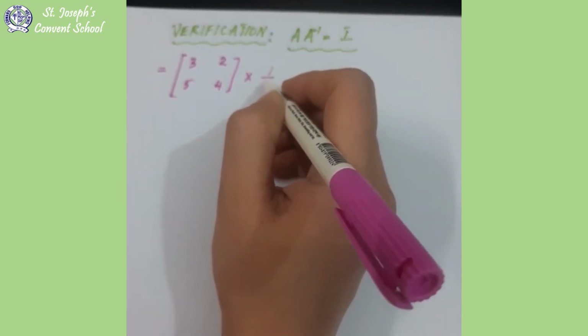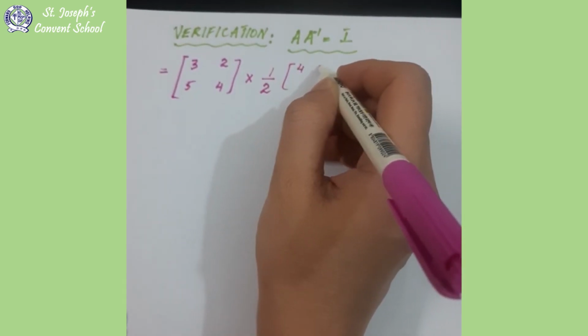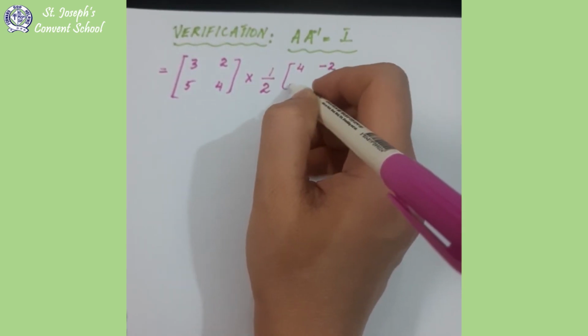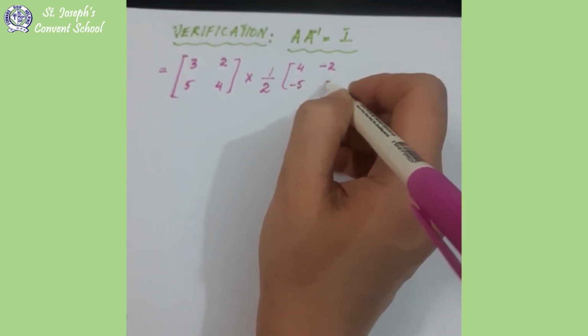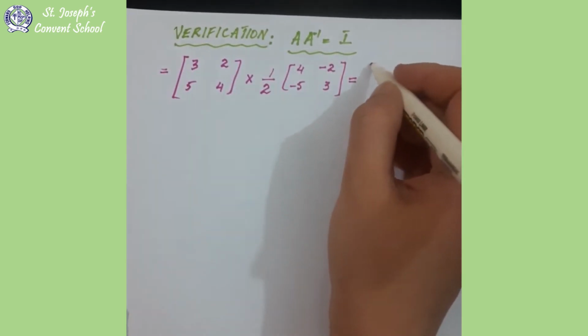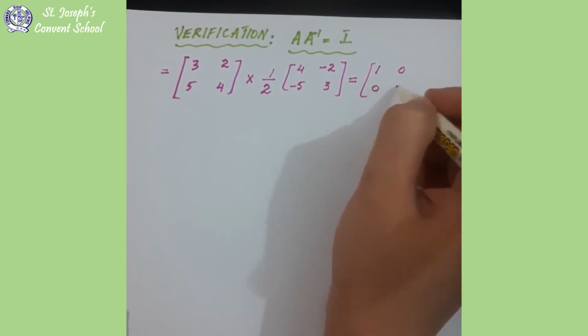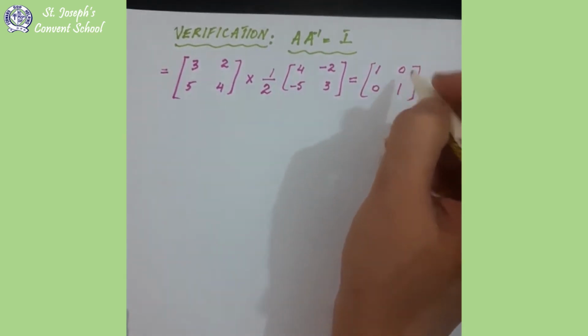So the answer is 1 upon 2 times the matrix 4, minus 2, minus 5 and 3 equals the I matrix. I matrix is 1, 0, 0, 1.